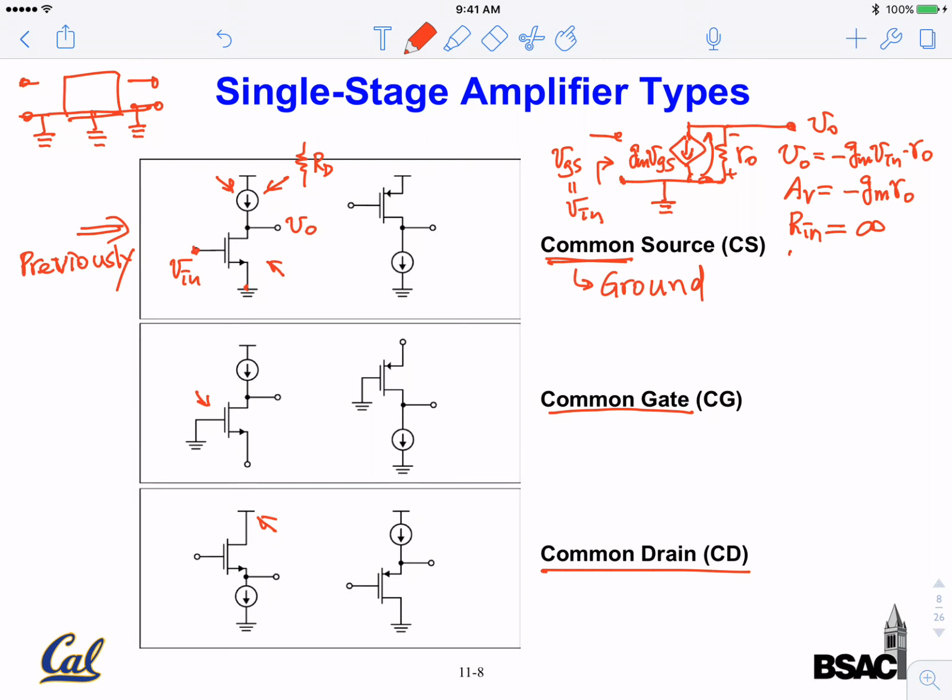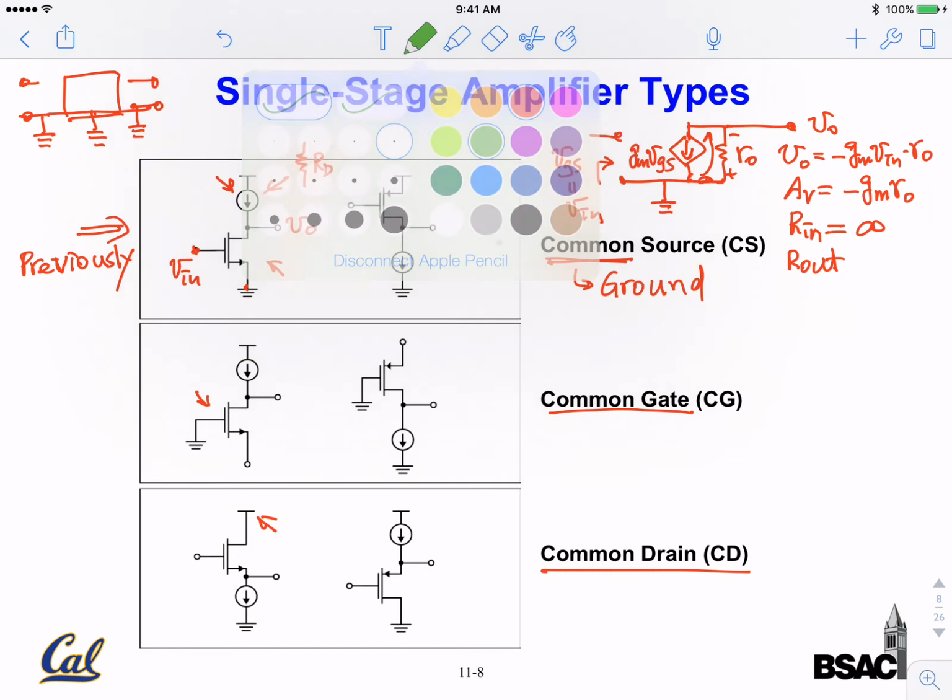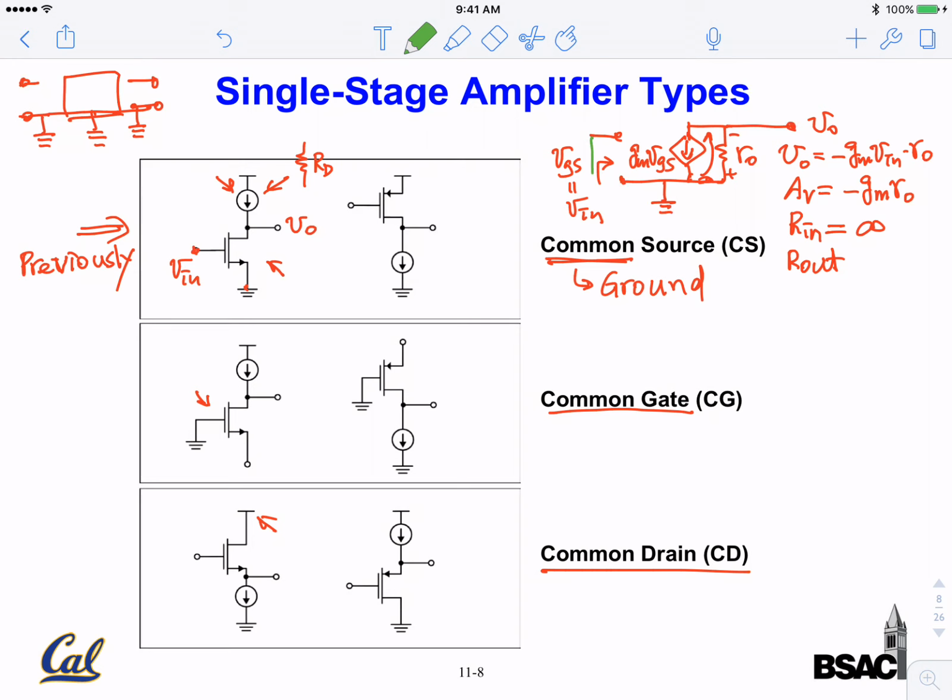Output resistance: we would short the gate, so it's all connected here, which makes VGS 0. So basically this term drops out, and you look in here, you attach a source here, all you see is the output resistance of the transistor.